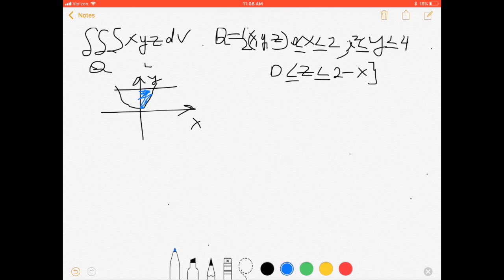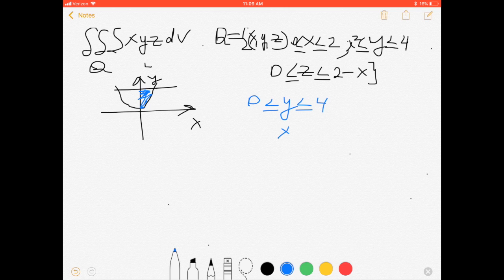Now we write a different order. This means y changes from 0 to 4, but x changes from 0 to our parabola curve, right? How can we write this one?